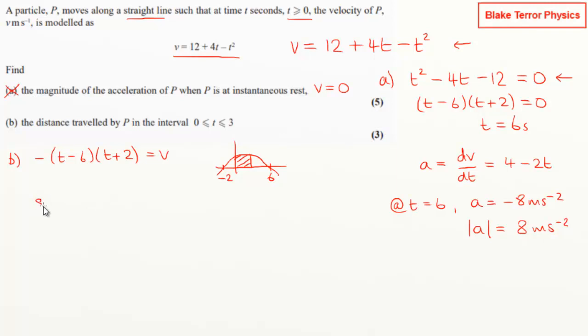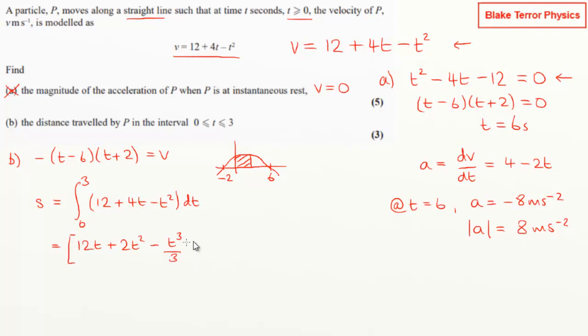So that's fine. So we can say that our distance is the accumulation, the integral of the velocity going from 0 to 3 seconds. So we need to integrate our velocity function of 12 plus 4t minus t squared with respect to t, which is 12t plus 2t squared minus t cubed over 3.